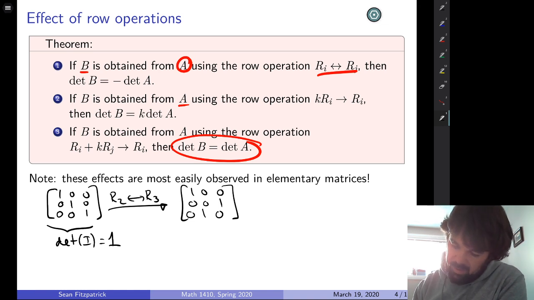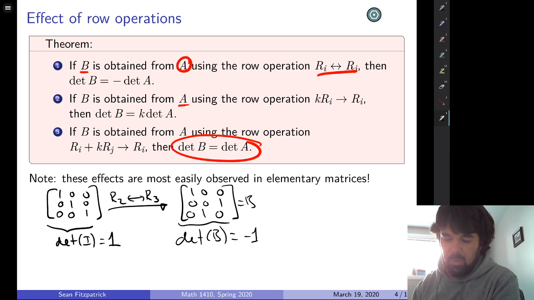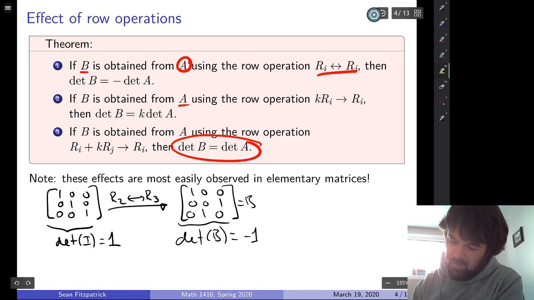You can calculate the determinant of this matrix, maybe call that B. The determinant of that will be -1. One way to see that is to do a cofactor expansion along row 1: you get 1 times this 2 by 2, and that's going to be 0 minus 1. So you get -1 for the determinant.